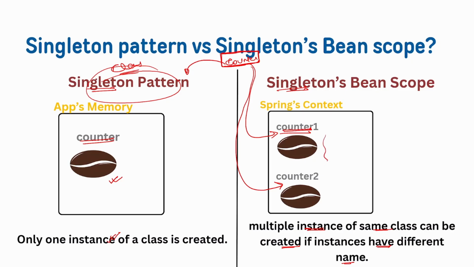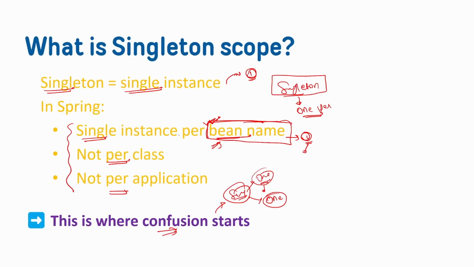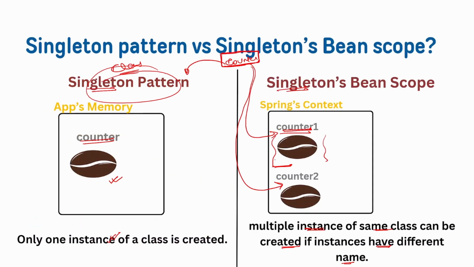Let's see it with the help of an example. In singleton scope, it is a single instance per bean name, not per class. For example, if counter1 is there, then only one counter1 will exist.